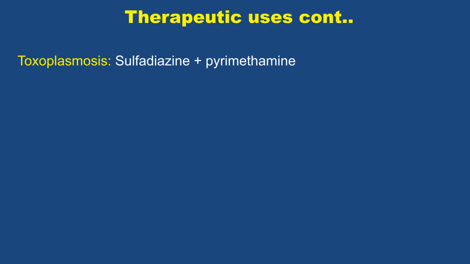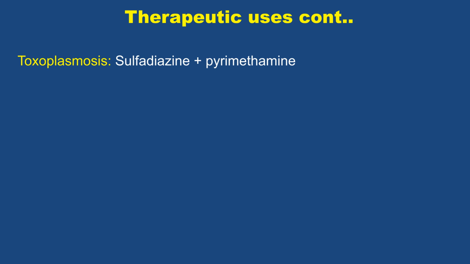Coming to toxoplasmosis. Toxoplasmosis is a parasitic infection caused by the obligate intracellular protozoa Toxoplasma gondii, and cats are the natural host. Usually toxoplasmosis is self-limiting and treatment is rarely required. However, individuals who are immunocompromised, such as patients with AIDS or transplants, are at high risk of developing disseminated toxoplasmosis.